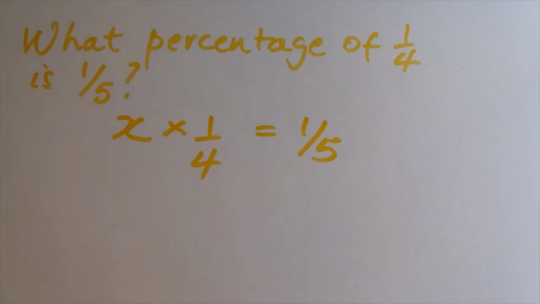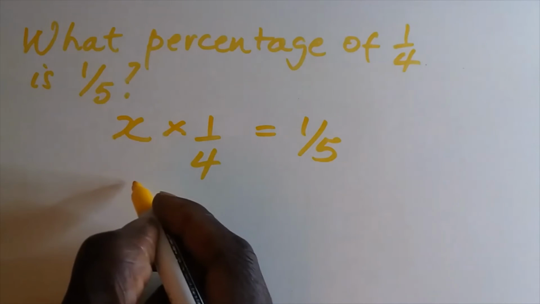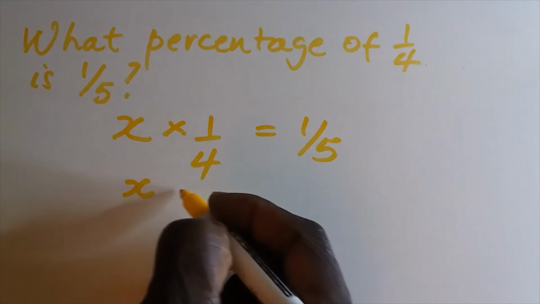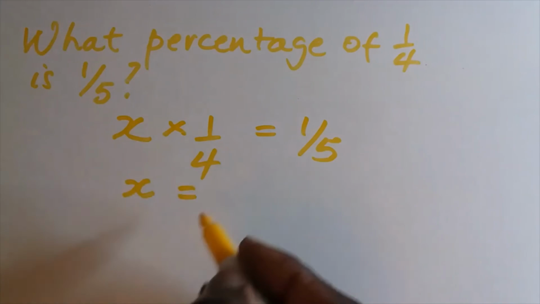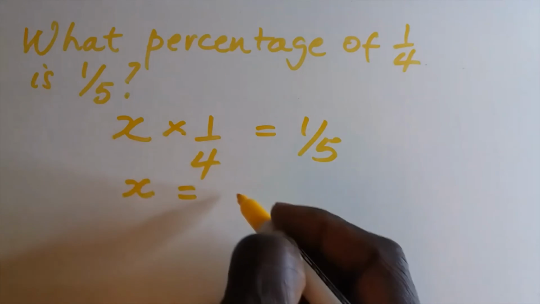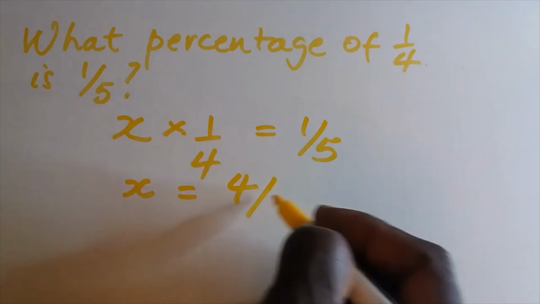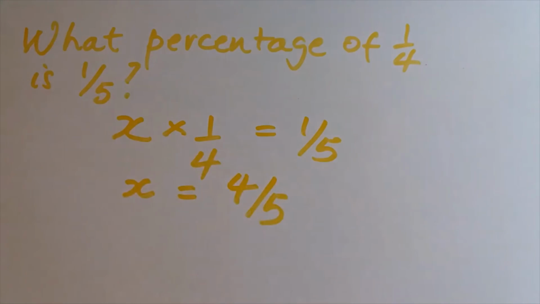So this is saying a quarter of x is equal to 1/5. And we can find what x is. If we cross multiply, we have x is equal to 4/5. So this is our fraction, which represents the percentage of a quarter that is 1/5.